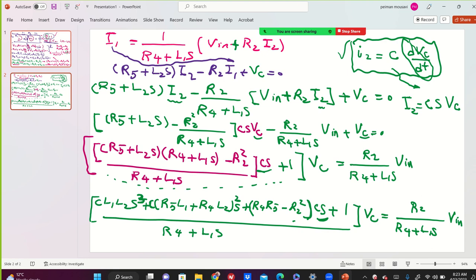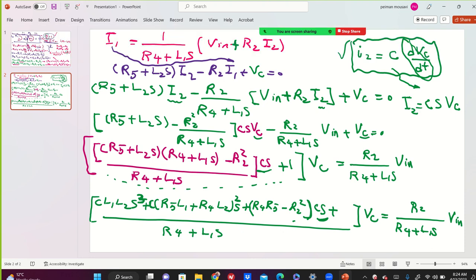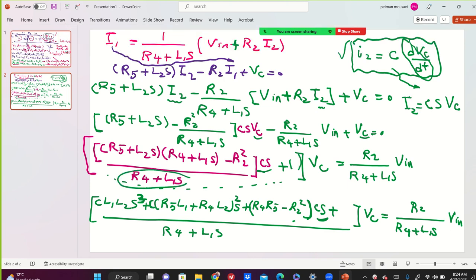Everybody agree? I just multiplied by CS. I'm sorry. Here you have to, yeah, I have to fix it. Thank you for reminding me. Here you have to multiply this by 1, right? So here you're going to have R4 plus L1S. Okay.